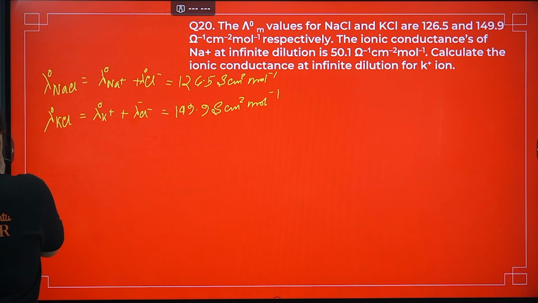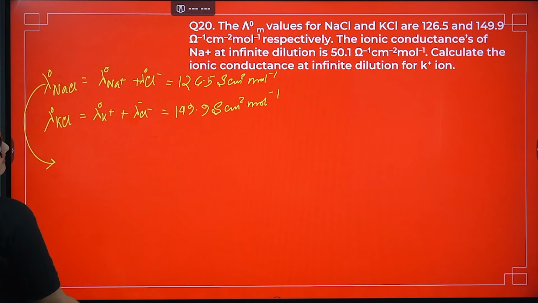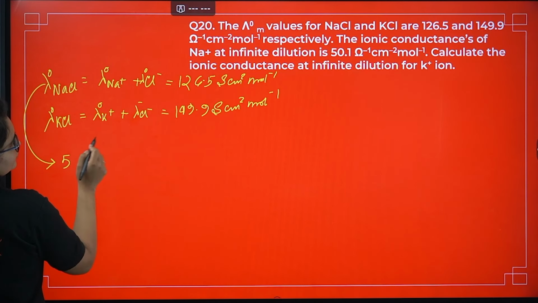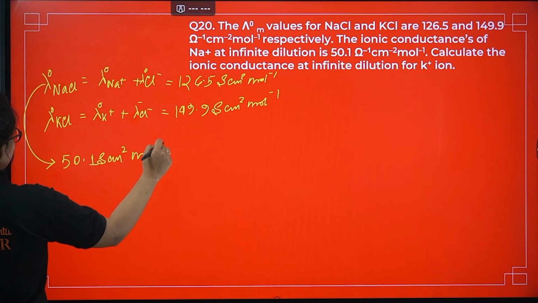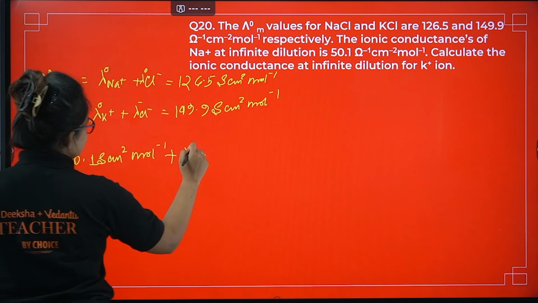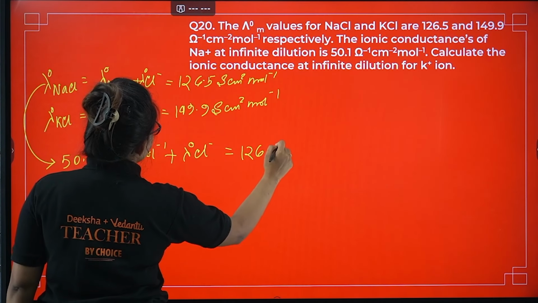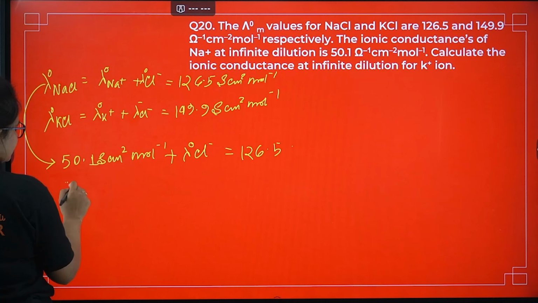Okay, so now what you can do is put the value of NaCl. Lambda 0 of Na plus is given, that is 50.1 Siemens centimeter square mole inverse, plus lambda 0 of Cl minus is basically 126.5, same unit will be there.